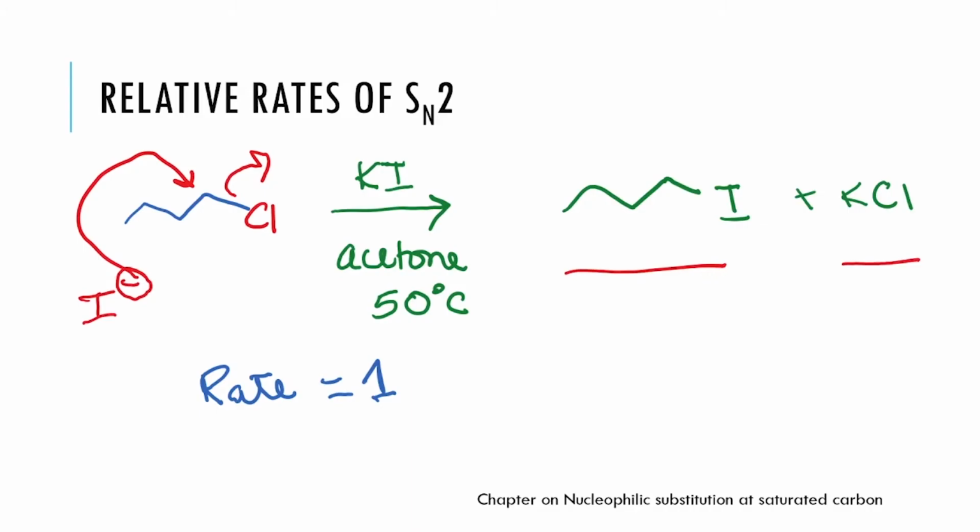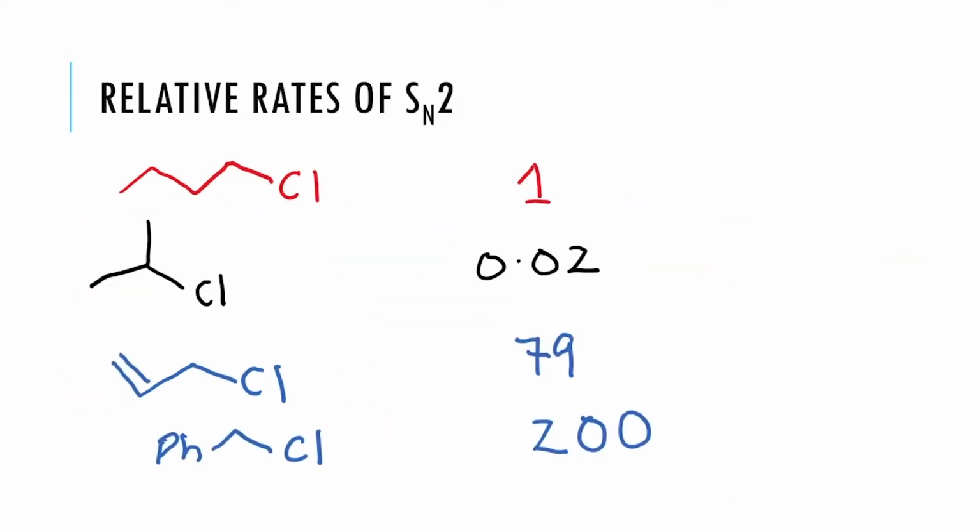Now I measure the rate of the reaction, and we just call this 1, to be technically correct. We call this the relative rate of the reaction, and we assign it to be 1. Now with respect to this rate, we can do a systematic study of what happens if I change the group that is present next to the carbon-chlorine bond.